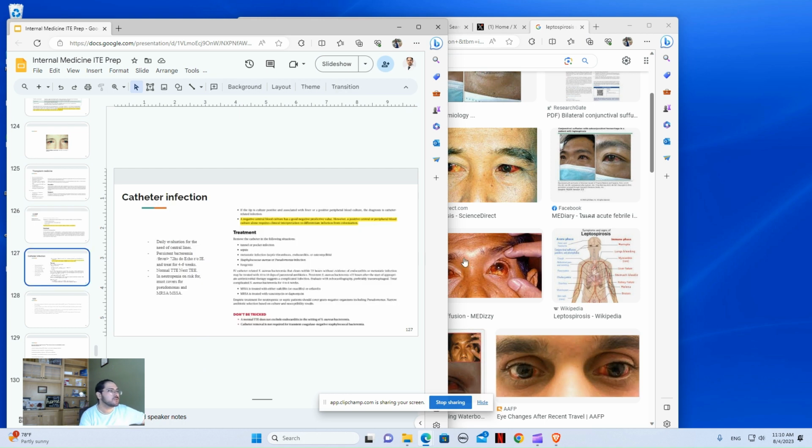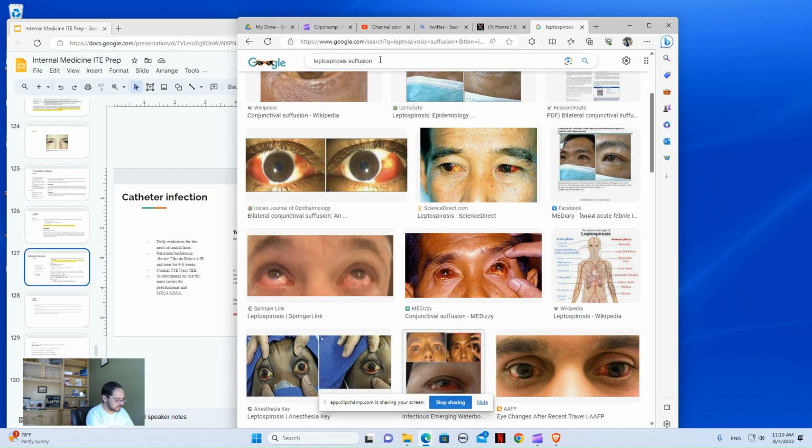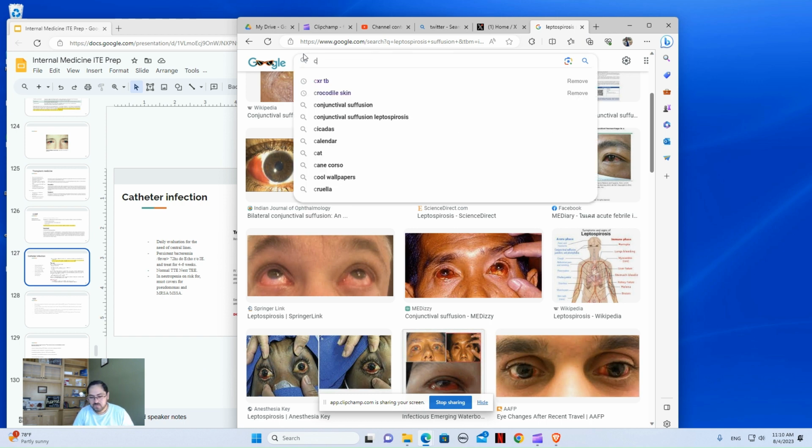The other one on those infections are the catheter associated infections. Those patients with a central line, PICC line, port line, and they come back with a fever. Blood culture is positive. What do you have to do? Do I need to remove the line?